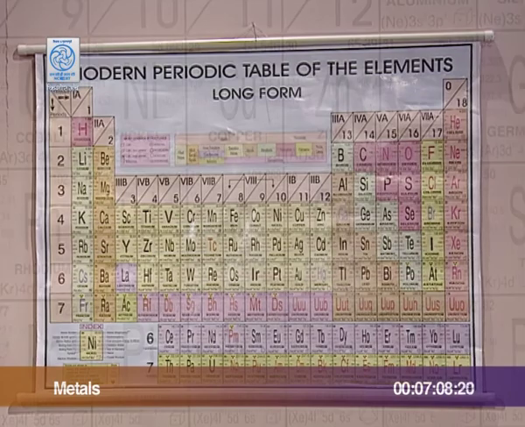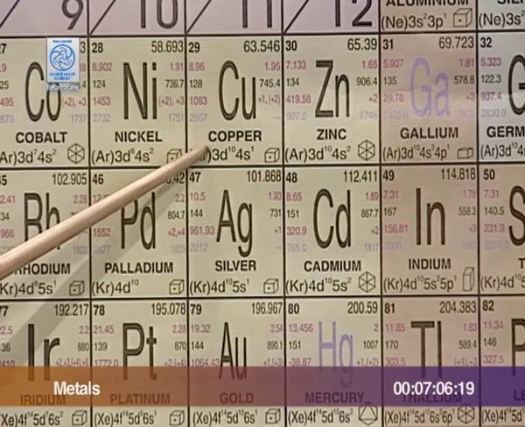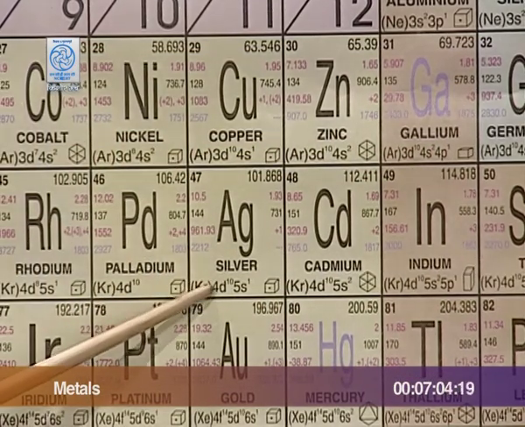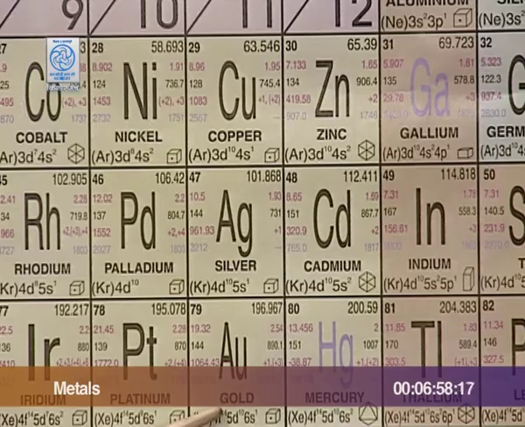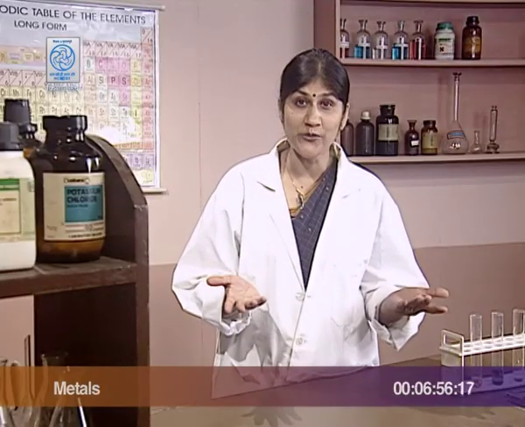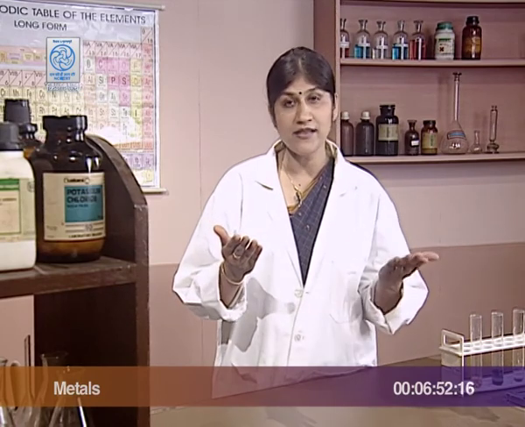Metals like copper, silver and gold do not react with water at all. Now we know that reactivity of metals with oxygen, acids and water is different.